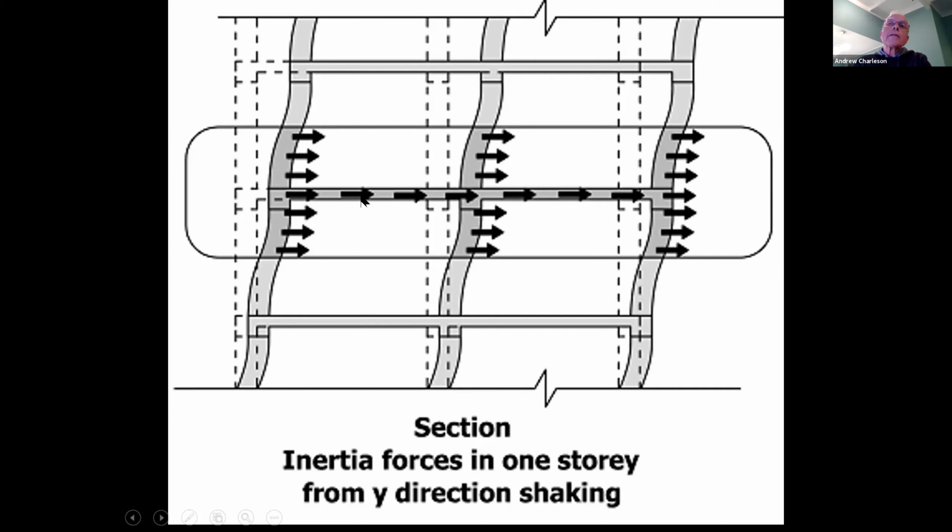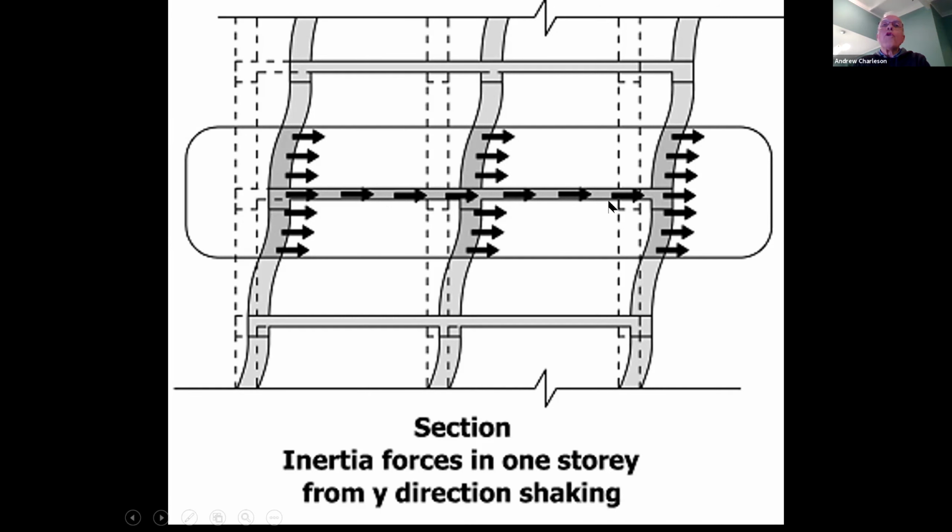Wherever there is mass in a building, during the shaking, there will be inertia forces. And so in section, you can see the way the building is drifting. You can see the deflection at this level. That's the deflection. And you can see these inertia forces that are acting in section.